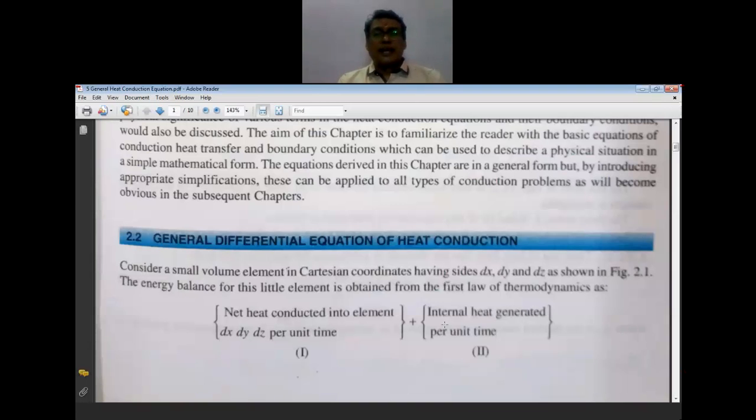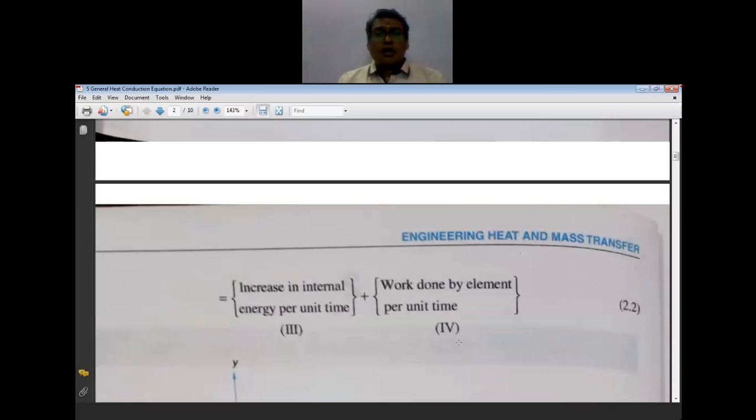Net heat conducted into the element is the input minus output, plus the generation or consumption term, and the increase in the internal energy per unit time. This is the unsteady state term. And based on that, what will be the work done by the element per unit time.